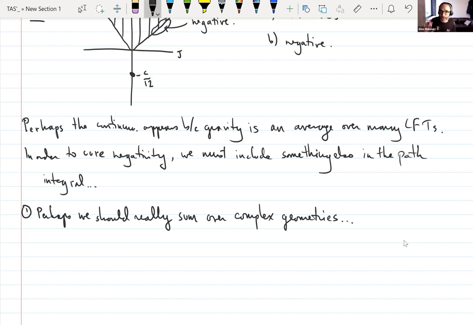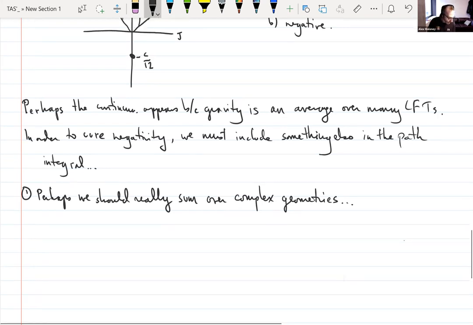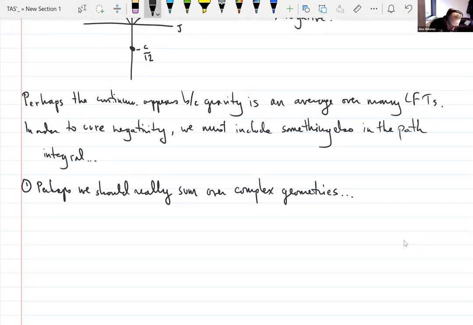In order to make this precise, you would really need to understand what the contour of integration of the path integral of quantum gravity means. Nobody really understands that, but there is a very natural guess for the kinds of things that might contribute. So in particular, we computed the sum over SL2Z of this vacuum character.